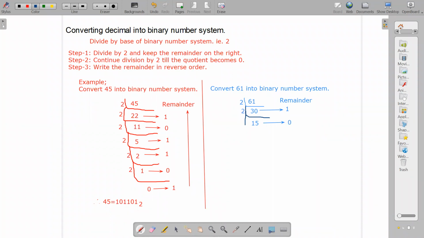Again, we will divide. 2 how many times to get 15? 2 7s are 14, 2 8s are 16. So 16 is greater, 2 7s are 14. To be 15, 1 should be added. That's why remainder is 1.